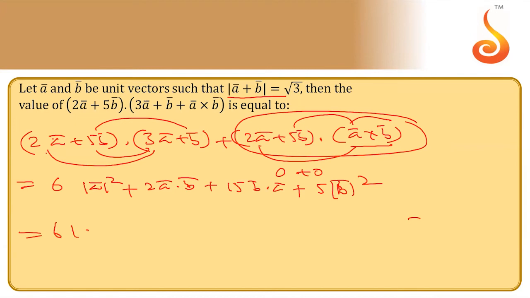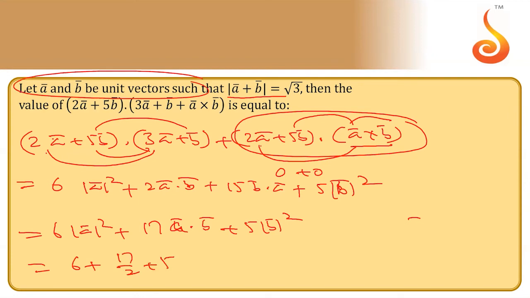So that is 6 modulus A square plus 17 A dot B, since A dot B or B dot A are both the same, plus 5 modulus B square. Now 6 plus 17 by 2 plus 5, because A and B are unit vectors. Now take the answer: 11 plus 17 by 2 is the answer here.